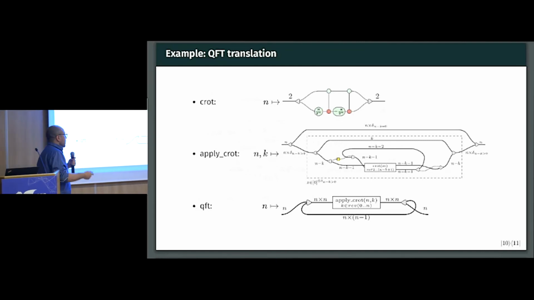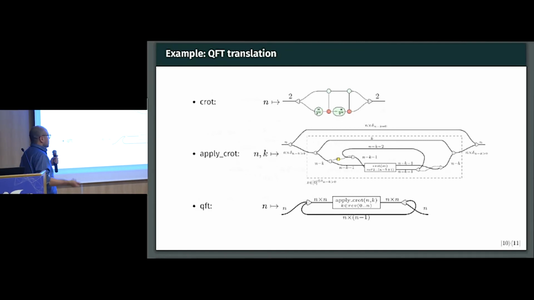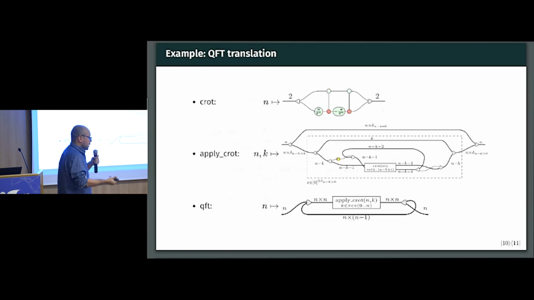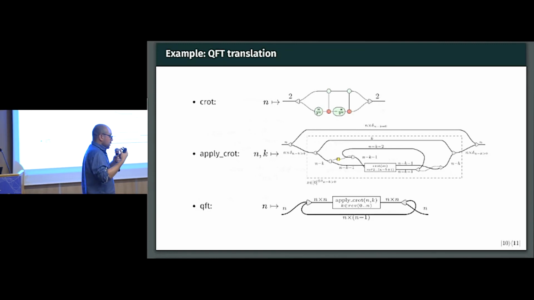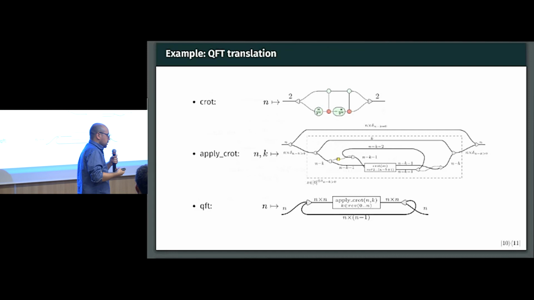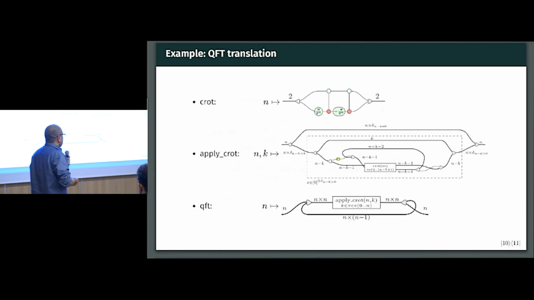So one thing to note about this operation is that it may linearly grow on the size of the nodes we're using, but it always keeps the shape. It always keeps the structure of the diagram.